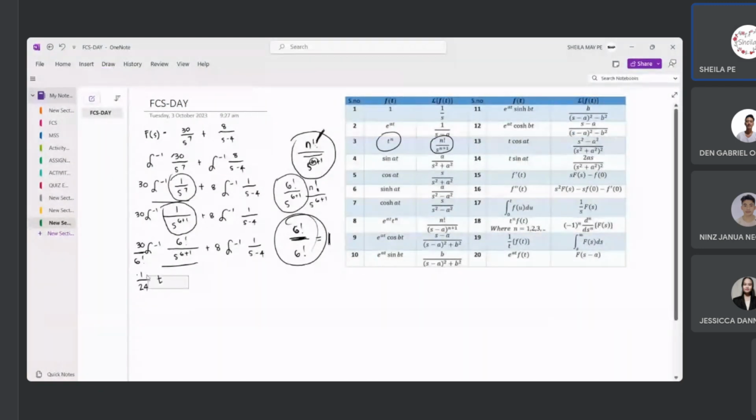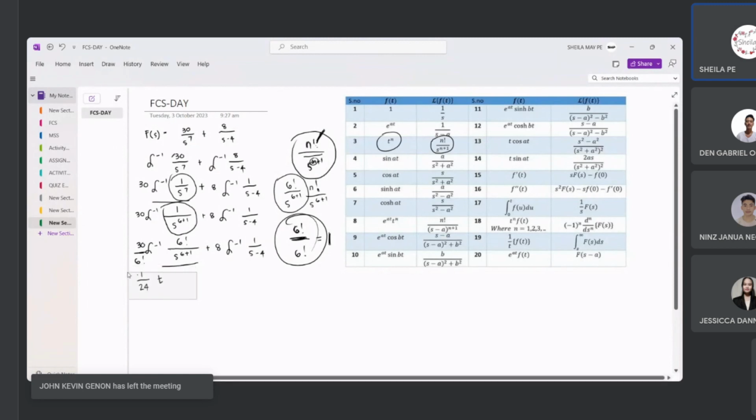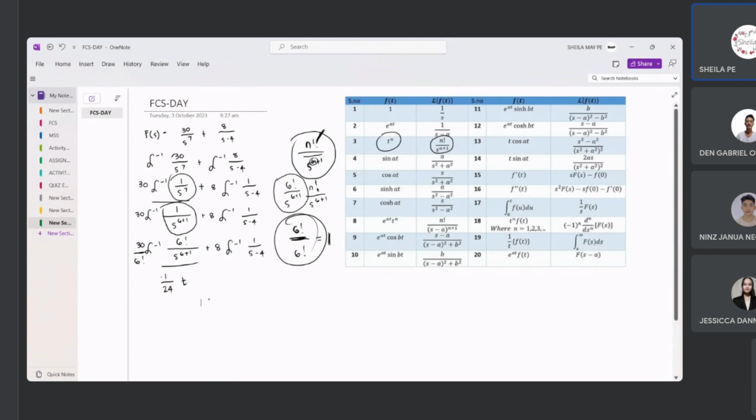Ay, sorry. So we have f of t, 1 over 24 t. And what's our n? So that's 6. Okay. And for this part, we have plus 8.